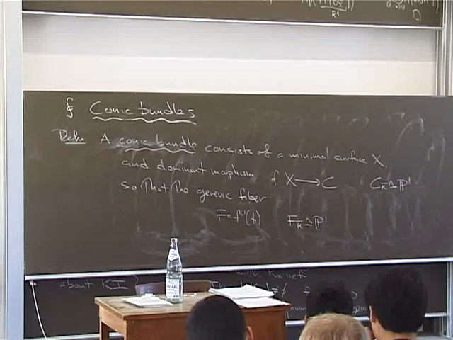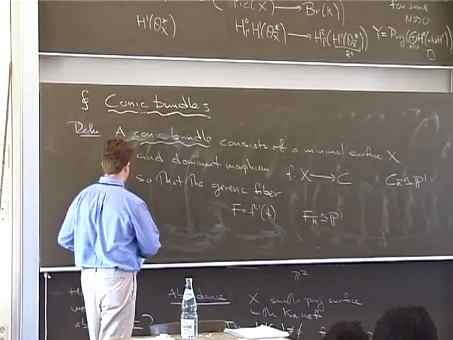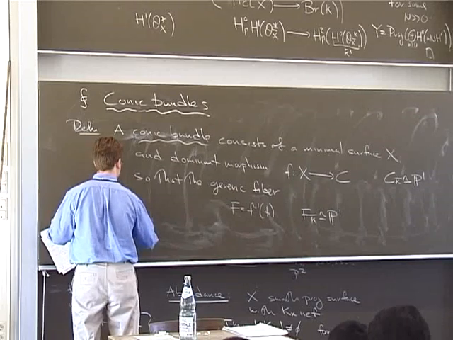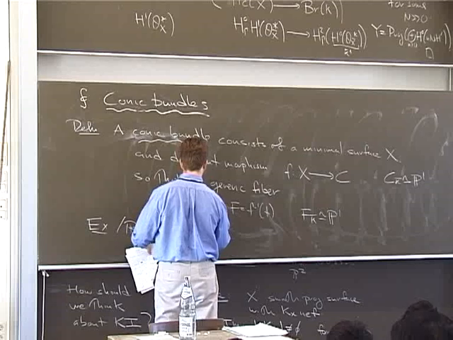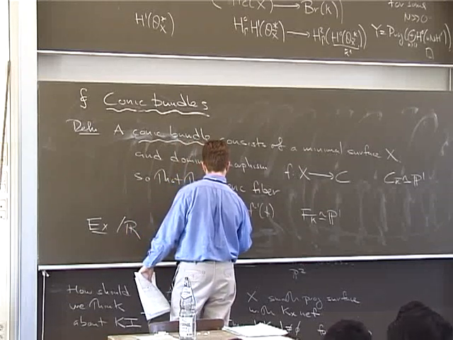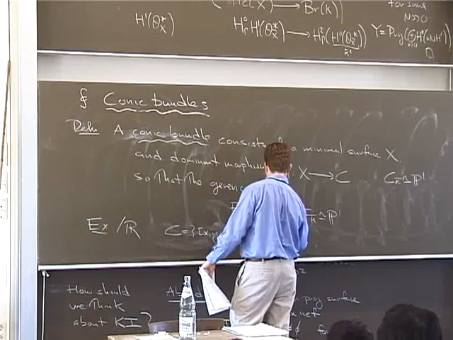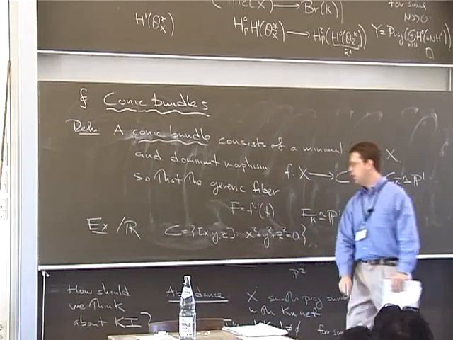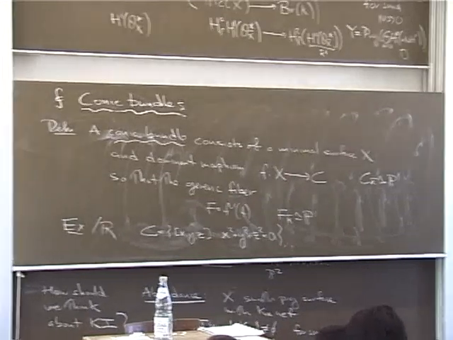So, for example, I could let C be the empty conic, corresponding to the quaternion algebra.